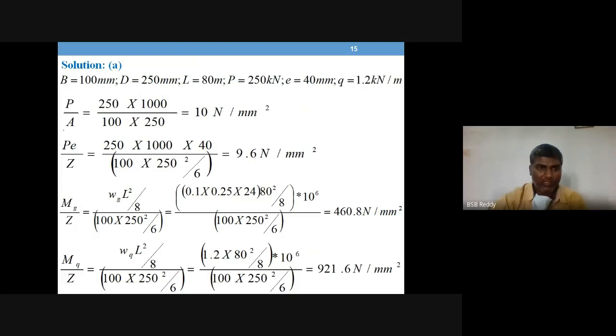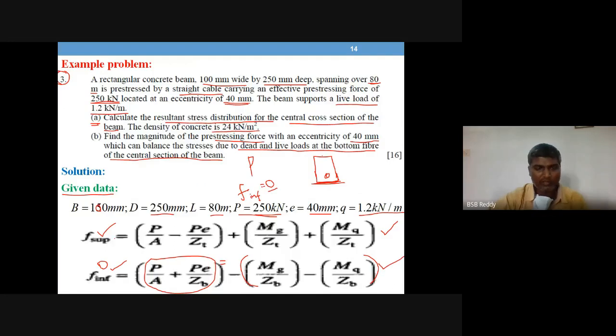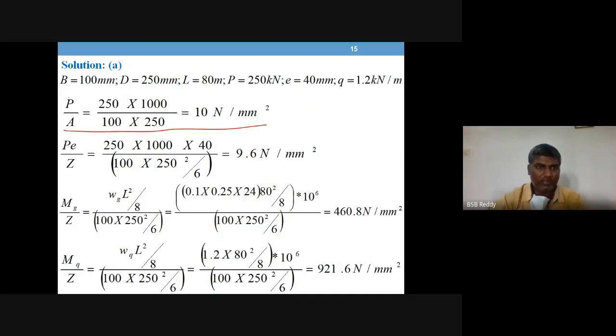First we will calculate P by A. We need each quantity to be used in this equation: P by A, Pe by Zt, Mg by Zt, and Mq by Zt. First, P by A. P is given as 250 kilonewton prestressing force.